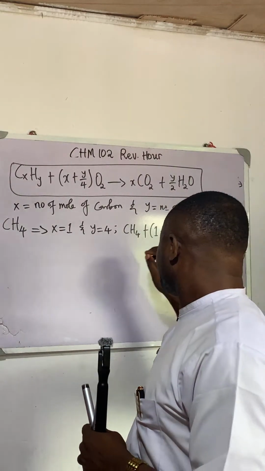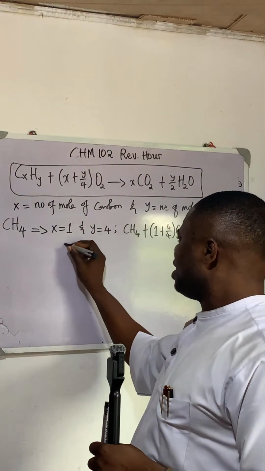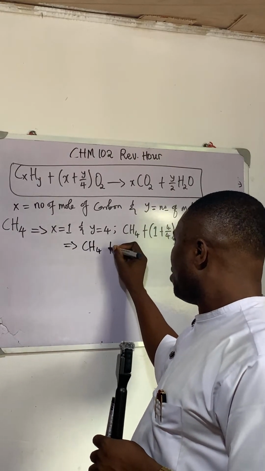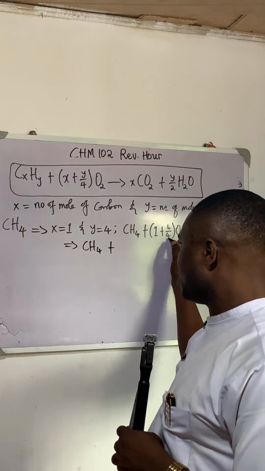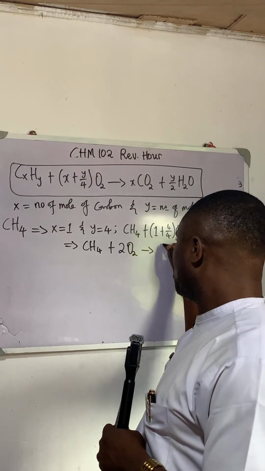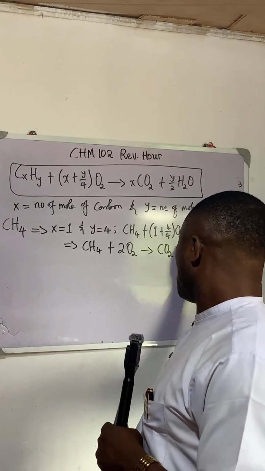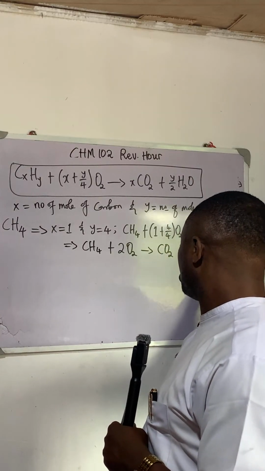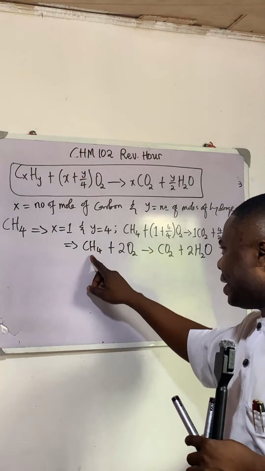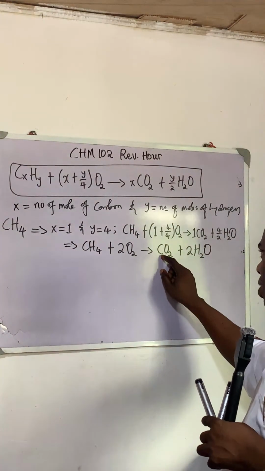Now here, this implies that you are going to have CH4 plus 4 divided by 4 is 1, 1 plus 1, 2O2, which will give you CO2 plus 2H2O. You look at it, how many carbon are here? 1. How many are here? 1.